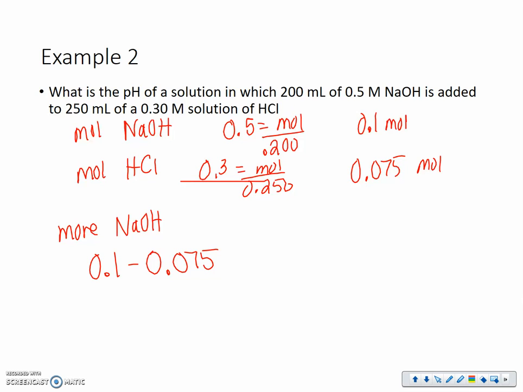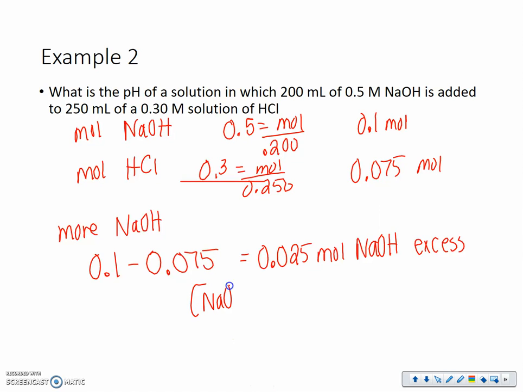And when we react 0.075 of my NaOH, we've got 0.025 moles excess or left over that's still going to be there. So what would that concentration be? Moles over the volume. So we had 200 milliliters and 250.